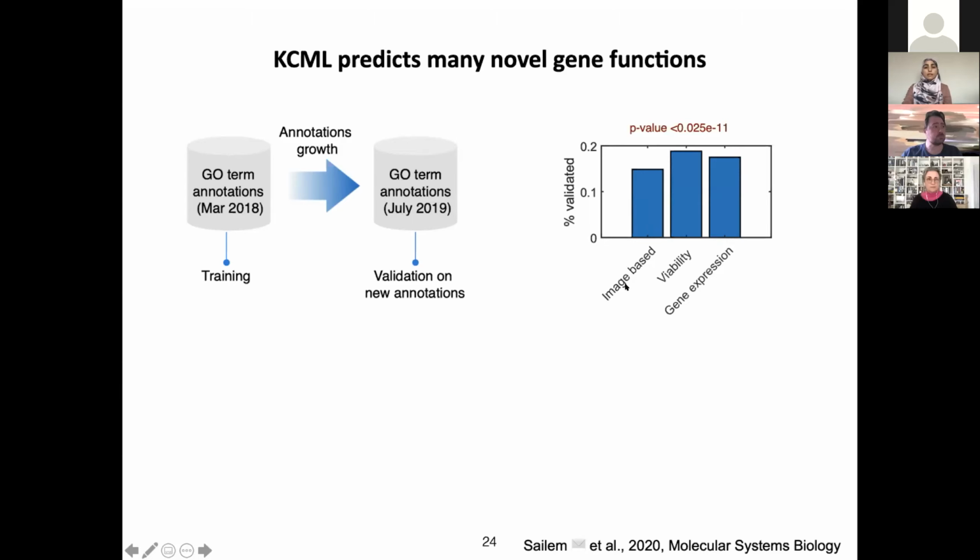Of course, KCML can be applied to image-based data, but also to CRISPR screens measuring viability, or siRNA screens measuring gene expression data. So basically, this says that KCML can augment existing gene ontologies to generate cell type specific gene annotations.